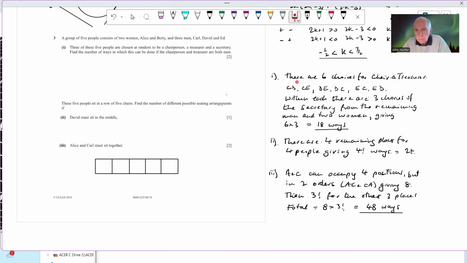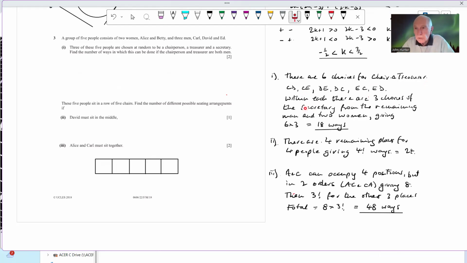So we've got 6 choices for the chair and treasurer, using the initials of these people. We can have CD. The first one here is the chair, and the second one is the treasurer. CD, that's Carl and David. CE, DE, DC, EC, and ED. So 6 different possibilities.